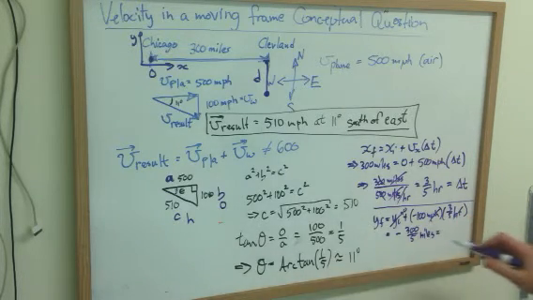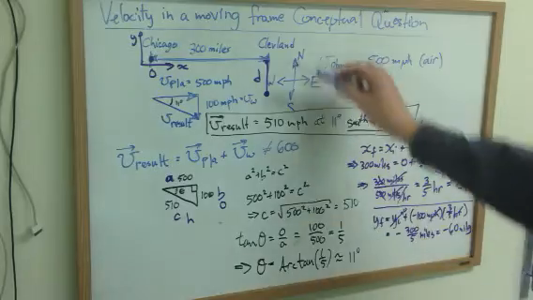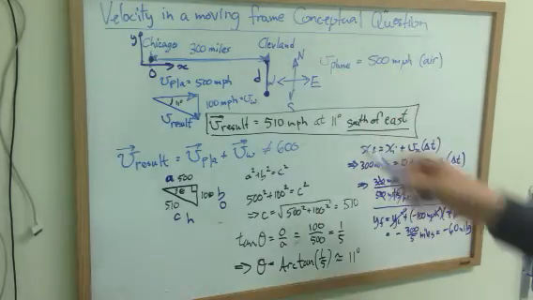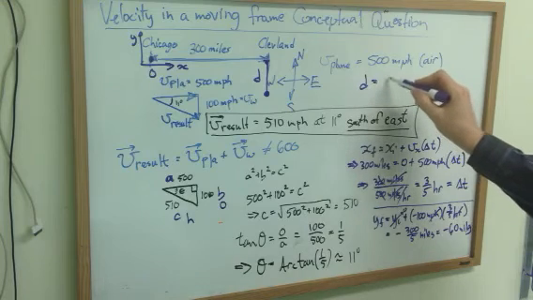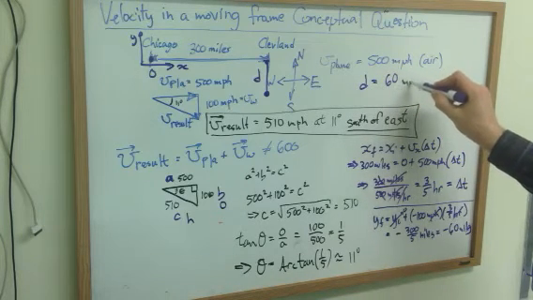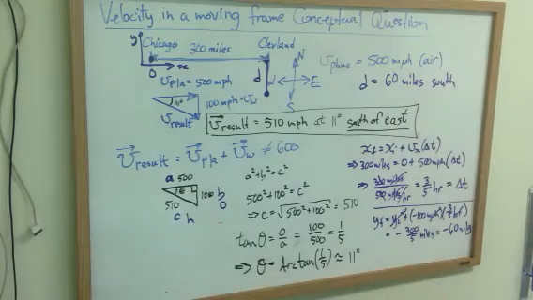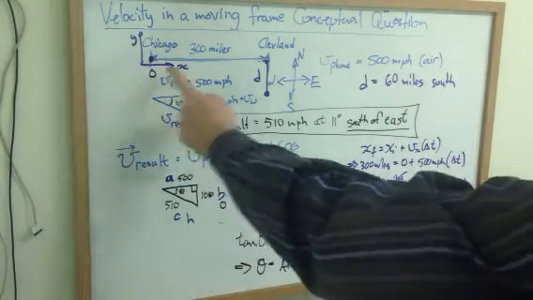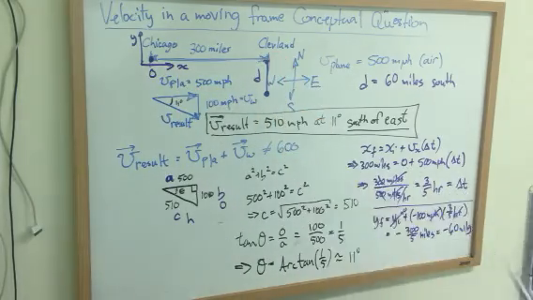And that's about equal to negative 60 miles. So his final position is negative 60 miles. Therefore, the distance that he was off course was 60 miles south. The pilot, after flying to where he thought was Cleveland, was blown off course 60 miles to the south.